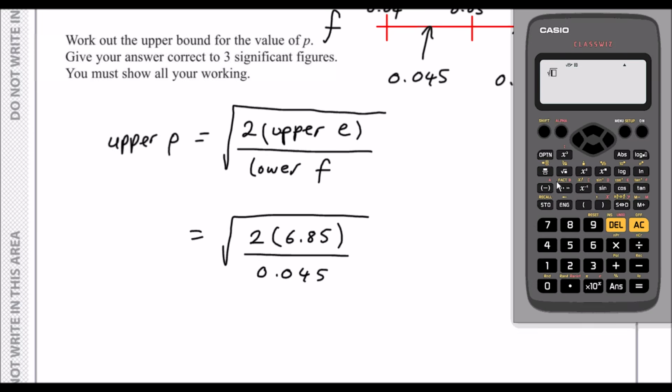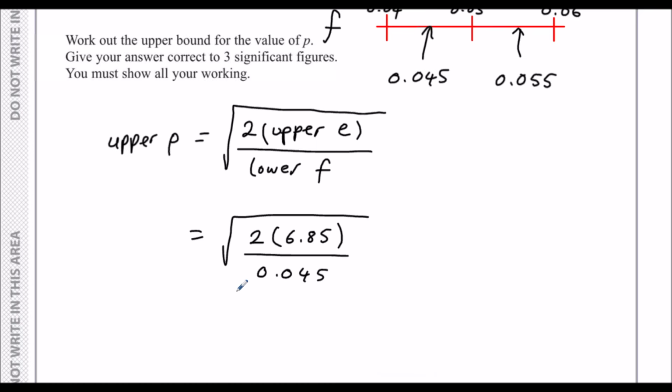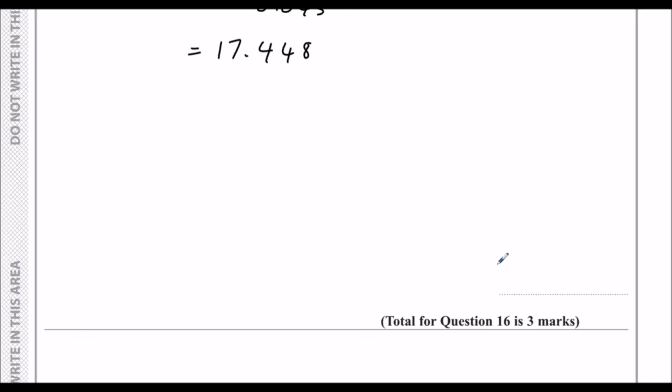So we've got the square root of 2 times 6.85 divided by 0.045, and we have 17.448 and so on. Give your answer to 3 significant figures, 17.4.